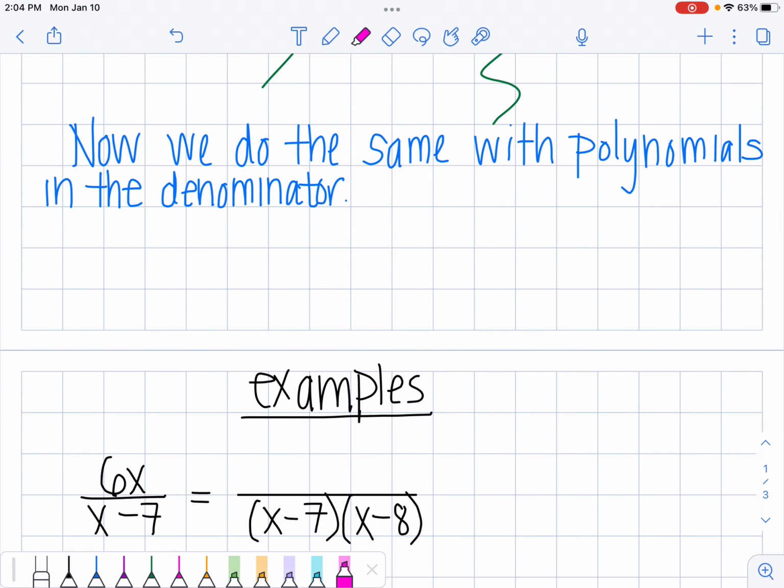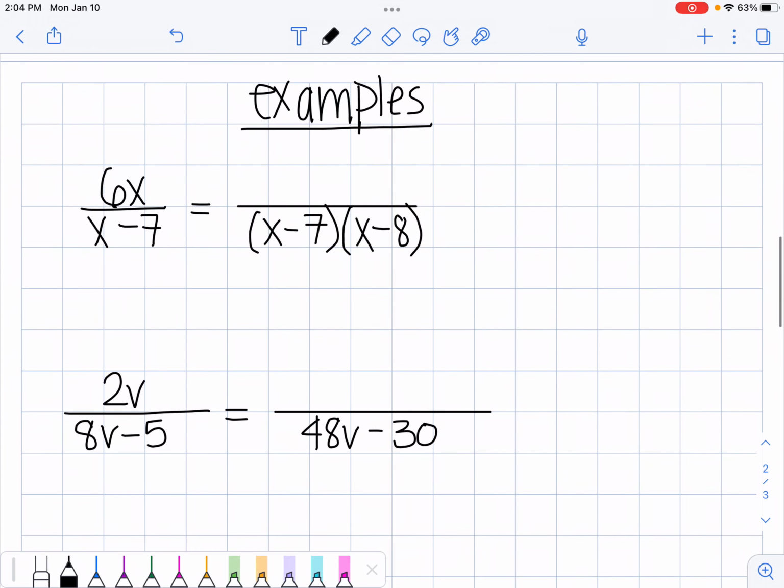Our denominator is going to look something like x minus 3, or x squared plus 2x minus 1, something like that, just with a polynomial in the denominator. I have two examples for you, and then we're going to talk about why we even do this.